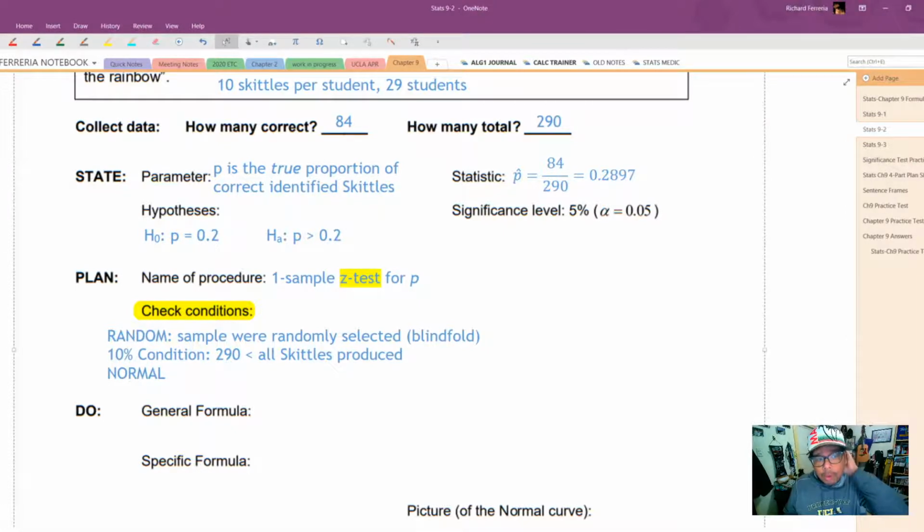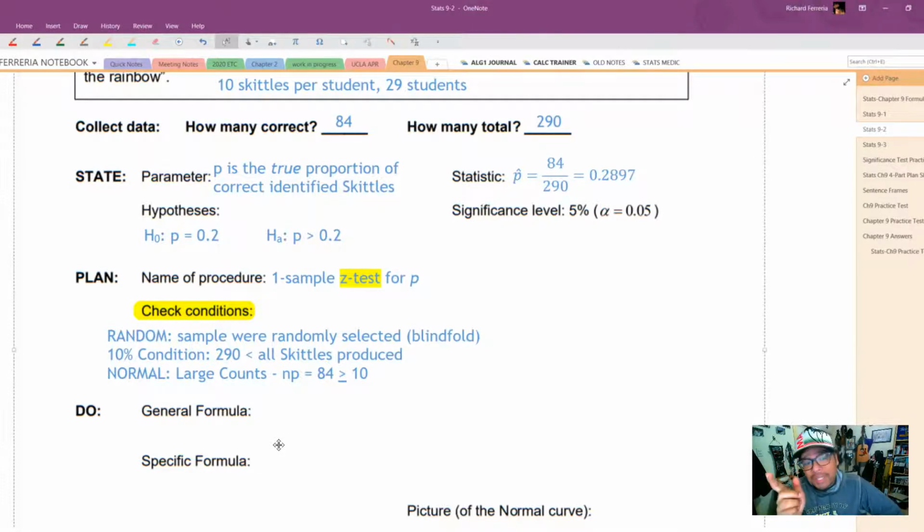Finally, for the normal condition, the correct one to use for proportions is large counts. Whenever we do anything with proportions, we're always looking at large counts for the normal. So we have np is 84. Remember that you can shortcut your mathematics because 84 is the number of correct guesses.